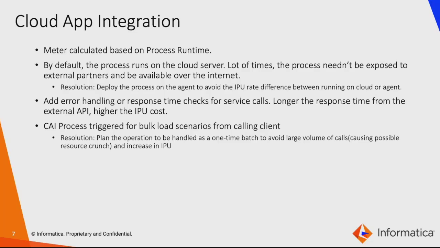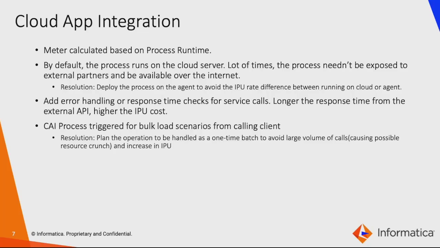So you can add in some error handling or some SLA checks where you expect the API response to come back in, say, a few seconds or a few milliseconds, and suddenly it spikes to 30 seconds, and this is a process that you call pretty much every other minute. Then this all adds up to the total IPU cost. This 30-second delay would add up to the IPU cost in a big way, right?